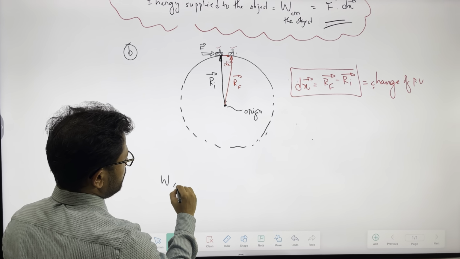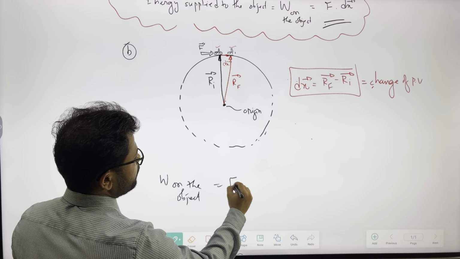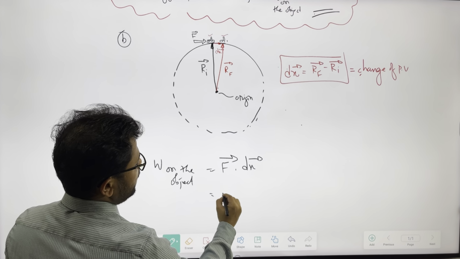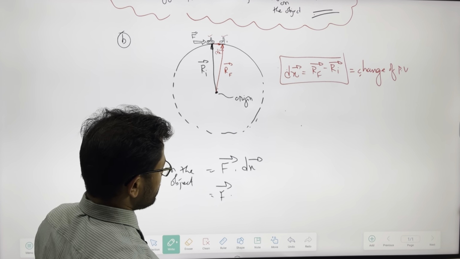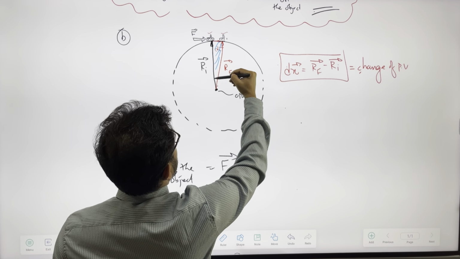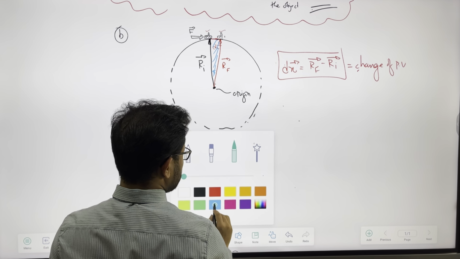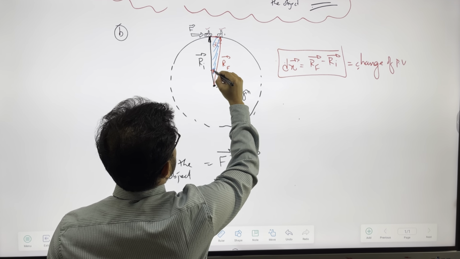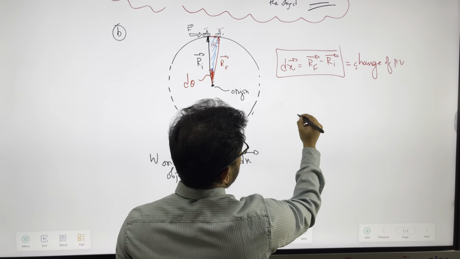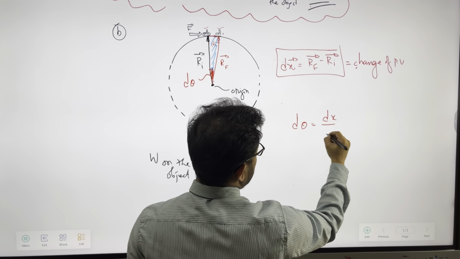So work on the object is going to be again F vector dot dx vector. Now see, F will remain as it is, but if we imagine this angle in this triangle to be d theta, then we know that d theta is equal to arc upon radius, dx upon r.